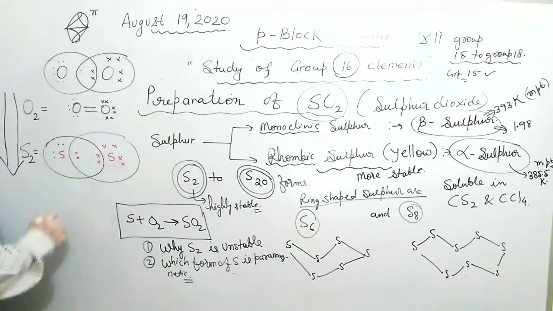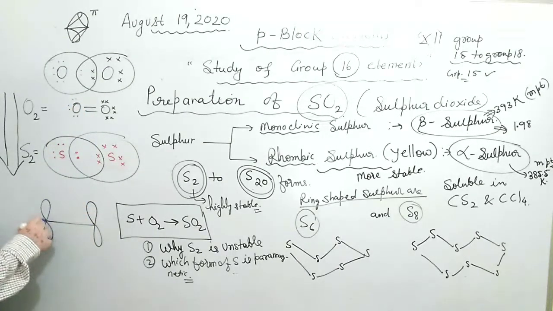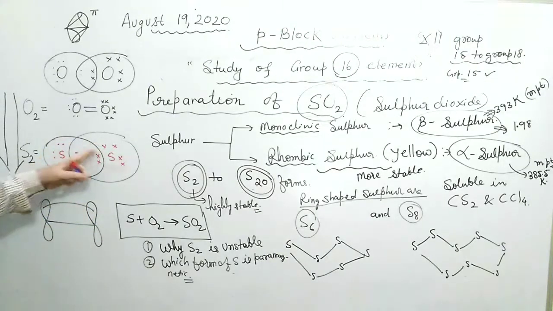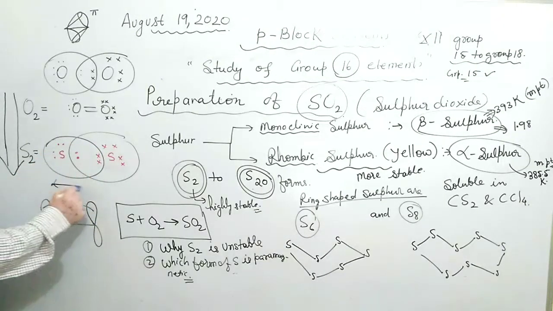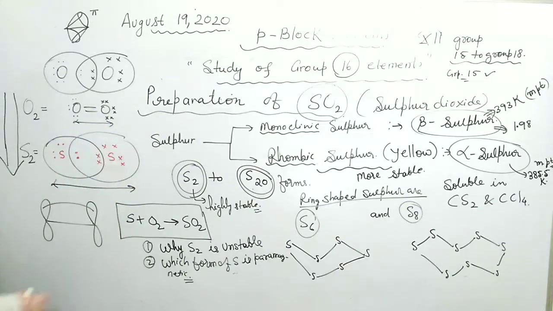But if these two p orbitals are far apart, they will not be able to form effective lateral overlapping. Very strong overlapping will not be there because they are far apart. As a result, the S2 bond will be weaker as compared to the O2 bond.